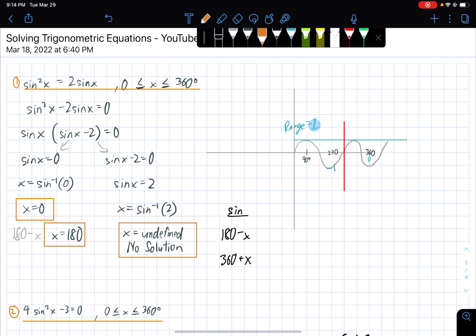Now, for our third solution, let's see if 360 plus x, or in other words 360 plus 0, hopefully falls within the specification. So technically yes, it does. Don't forget to place the degree symbol. So yes, that's how we solve.